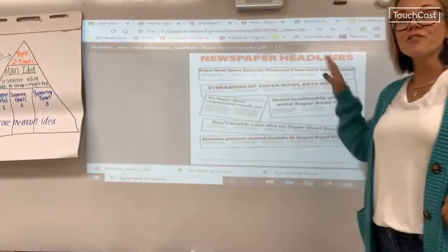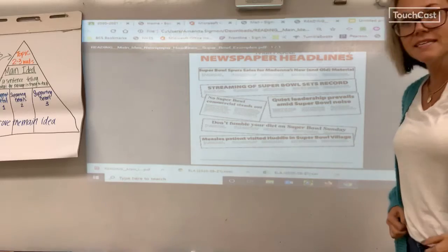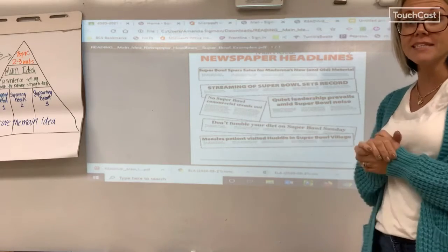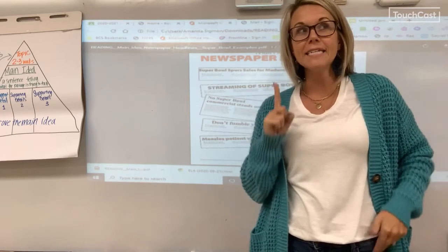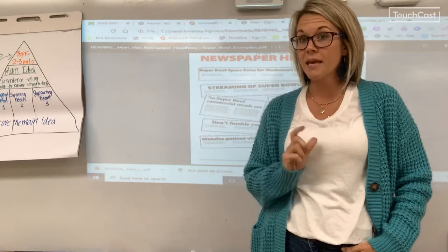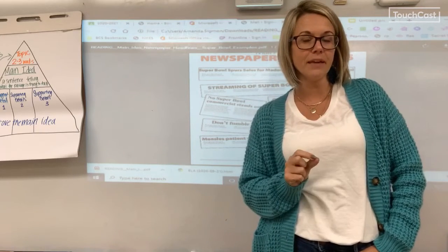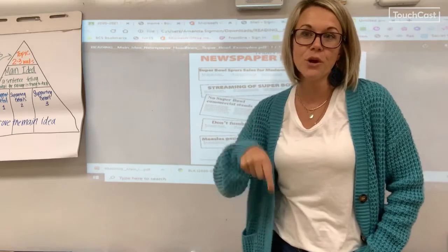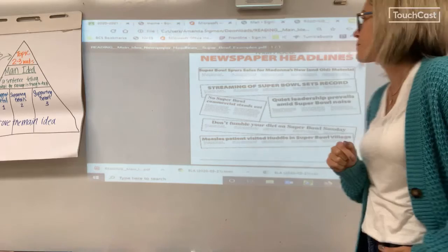All right, so these are all newspaper headlines. Let me see if you can figure out, based on these headlines, because remember, I told you that the main idea sentence needs to include your topic in it. So I'm going to read all of these headlines, and you tell me what you think the topic is. In fact, that's going to be your code word for today, whatever the topic of all of these is. So let's see.